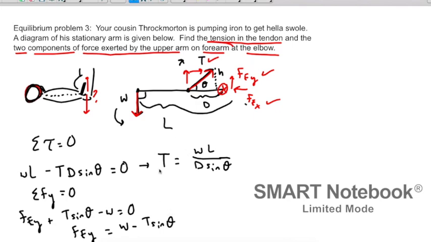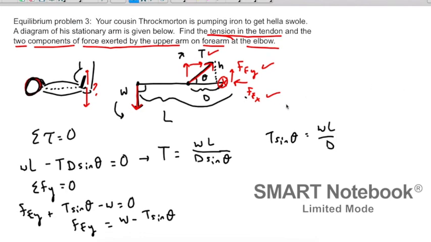Well, if I go back up here to my tension expression, I know that T sine theta is equal to WL over D. Why would I want to do this? Why would I want to get things in different terms if I was fine with sine theta in my tension expression over here?